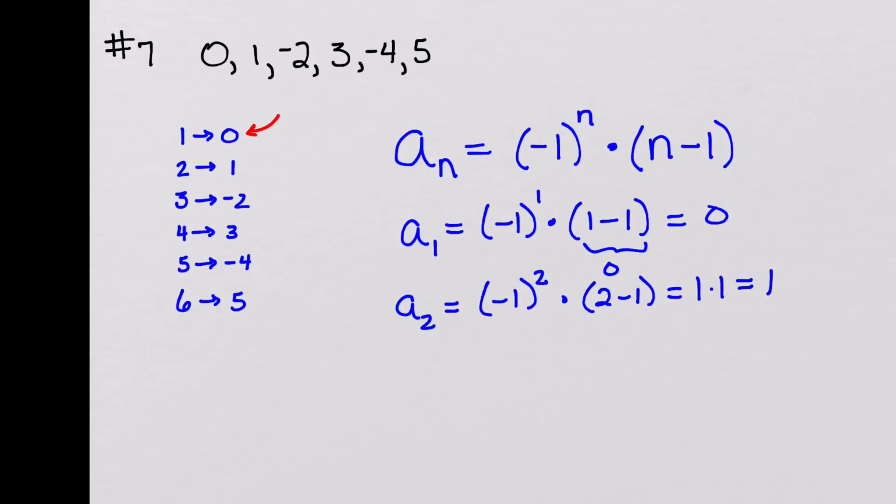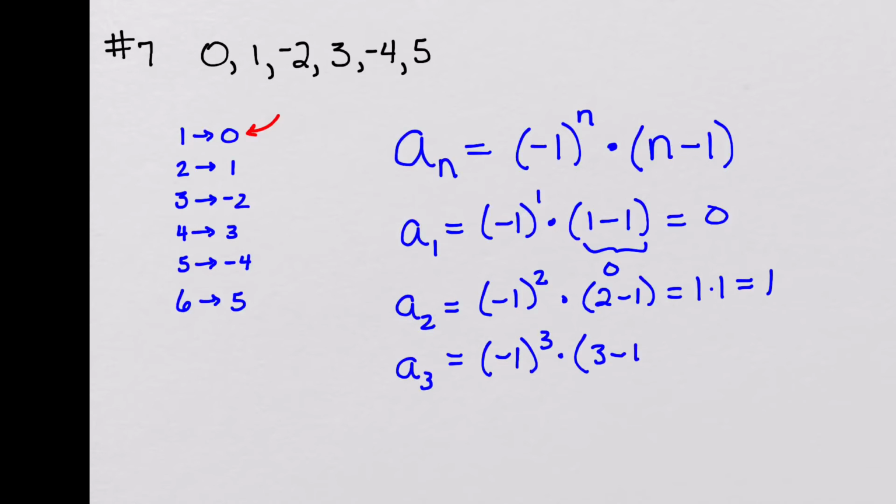And you can keep checking. You really should check all of them, just to be certain. But make sure that it works for some value other than 0 and 1, because sometimes it's easy to get those to come out.